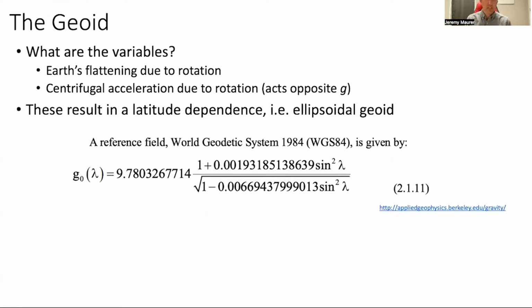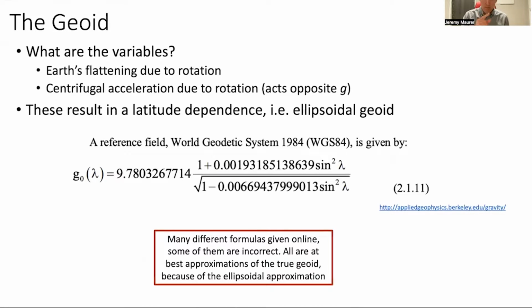For the World Geodetic System, this is an ellipsoidal solution. You can see here, lambda is the latitude, and lots of numbers here. You can get a very precise measurement of gravity based on your latitude. Now, one thing I will note here is that many different formulas are given online, and some of them are incorrect. All are at best approximations of the true geoid because you assume that you're on an ellipsoid.